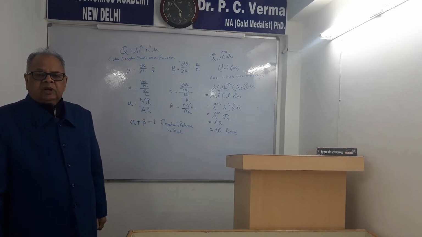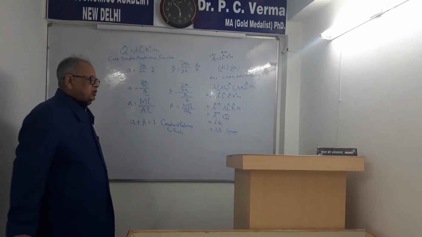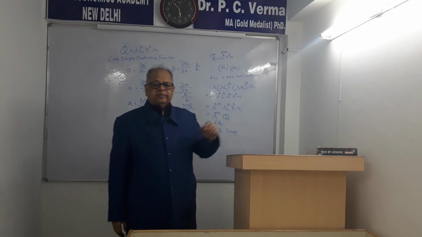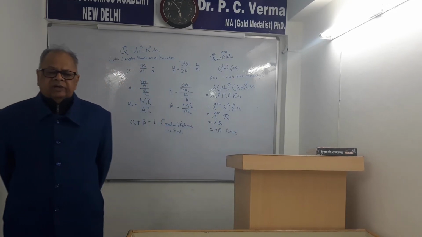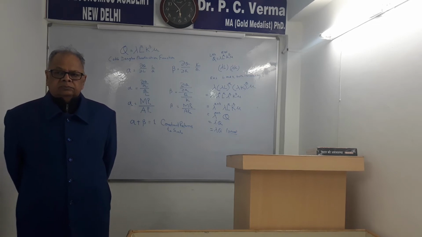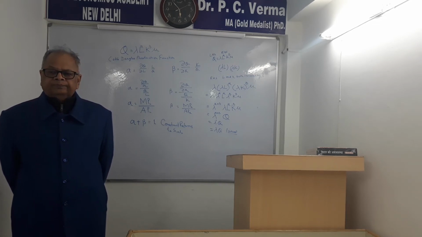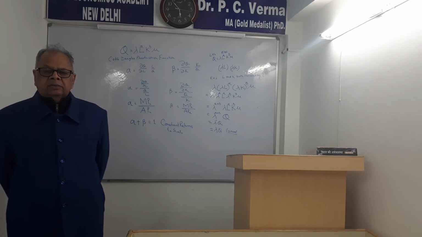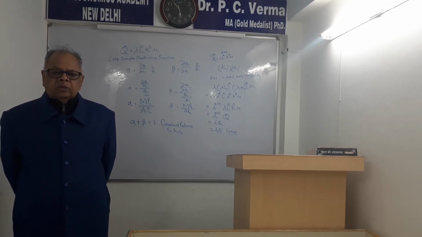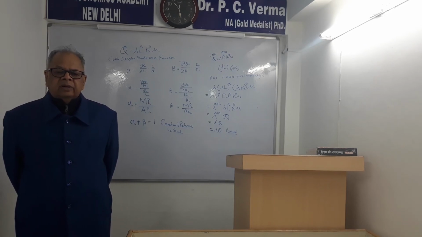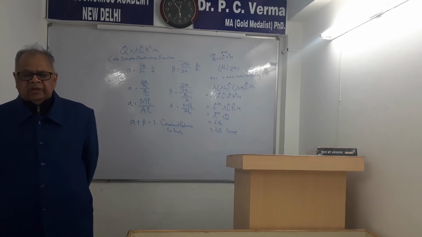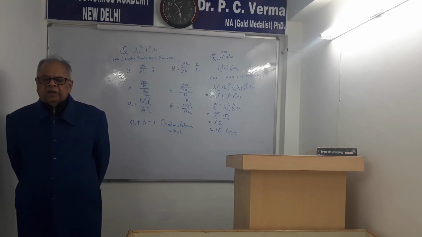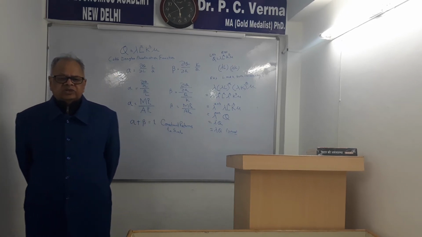First property: Cobb-Douglas production function works under the law of constant returns to scale.